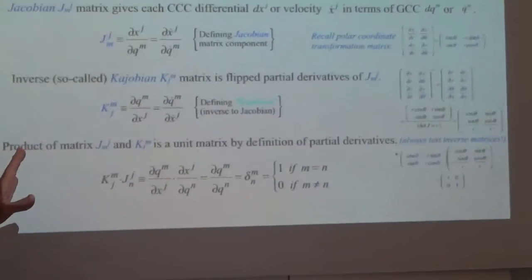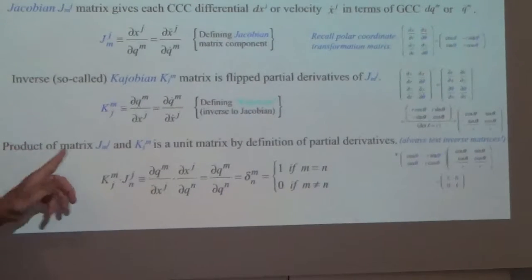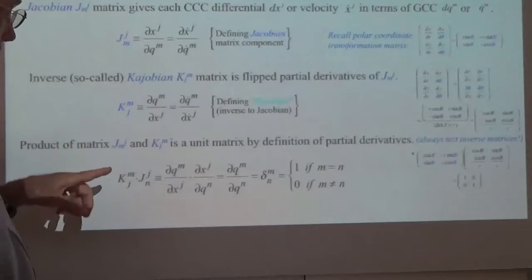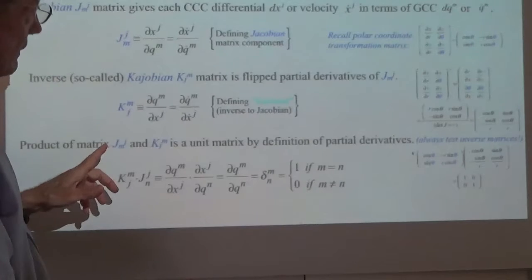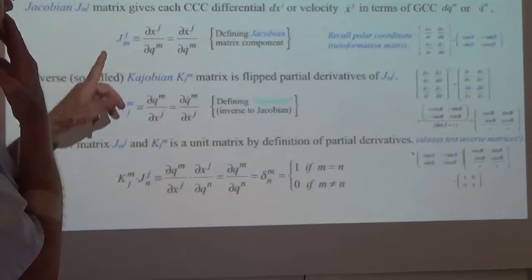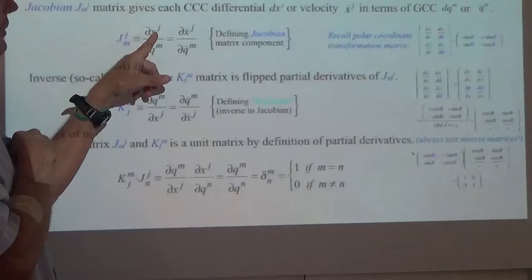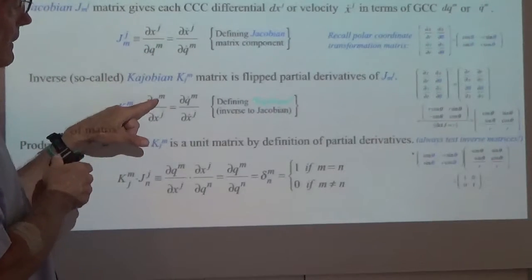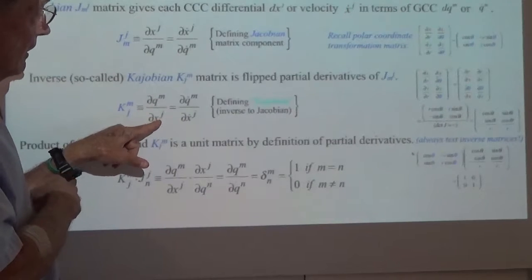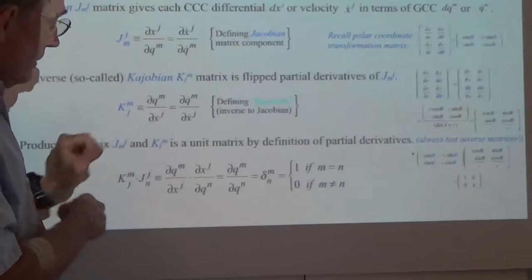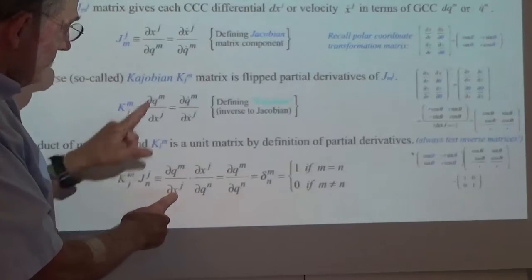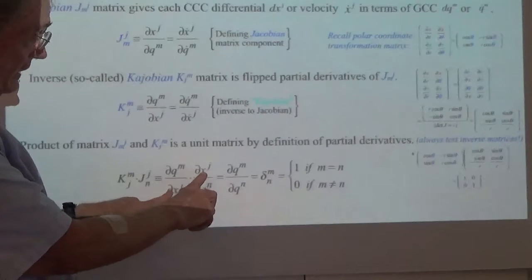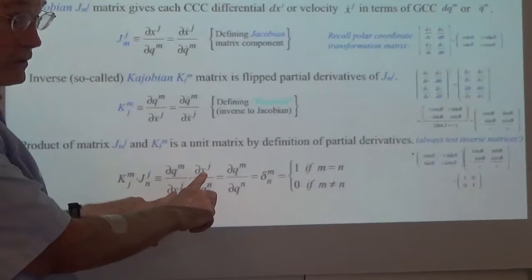Okay, so that's really all I want to say about that. But the deal is that this is going to always be true for any number of dimensions. So basically what you're going to have is the Jacobian. Remember we defined the Jacobian as the partial derivative of the Cartesian guys with respect to the Q guys, and then the inverse turns out to be the Q with respect to the original Cartesians. So K is here, that's this guy, and here's J, either way. And then what you've got is a chain rule over the Cartesian coordinates.